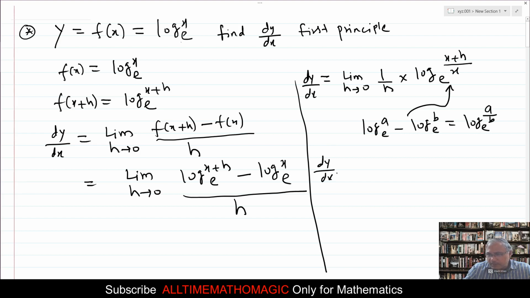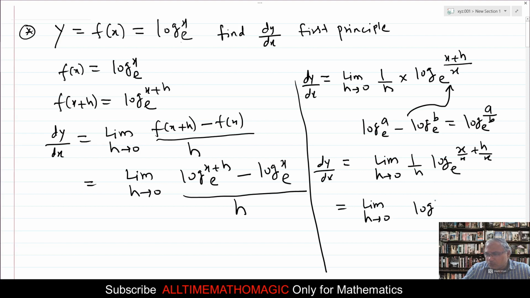Now dy by dx equals limit h tending to 0, 1 upon h log of x plus h upon x to the base e, equals limit h tending to 0 log 1 plus h upon x to the base e, and before that 1 upon h is already present.